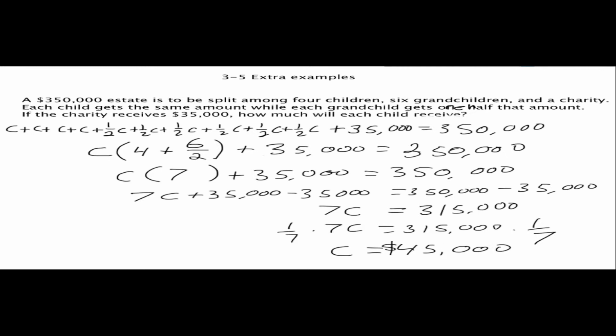Okay, and so we got our answer. C equals $45,000, and we want to go ahead and check that. So we get that 4 children at $45,000, so 4 times 45,000, it's $180,000 goes to the children, plus $35,000 from the charity, and then the rest should be to the grandchildren. 6 halves times 45,000, or 3 times 45,000.